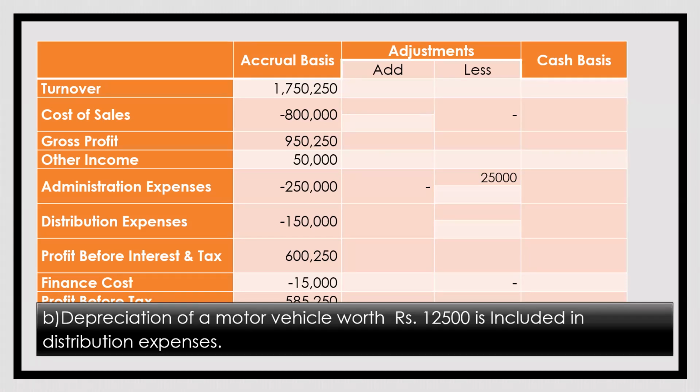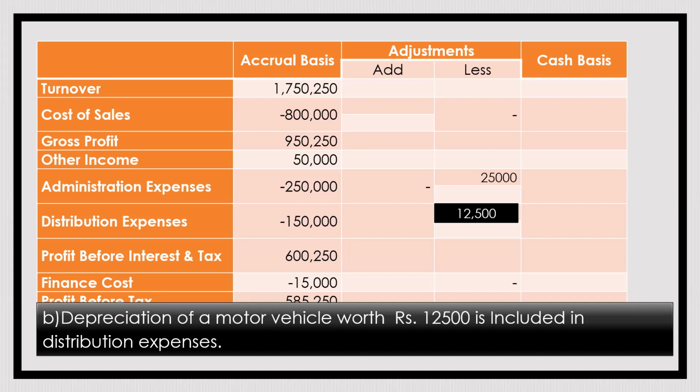Because of that, our distribution expense has been increased. So we have to deduct that expense as well to arrive at the cash basis. Because we have added it, now we are going to remove it from that expense.